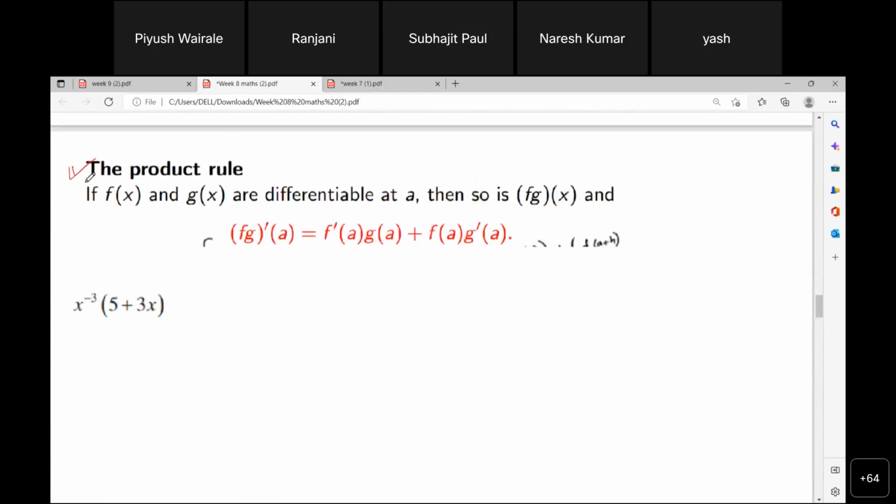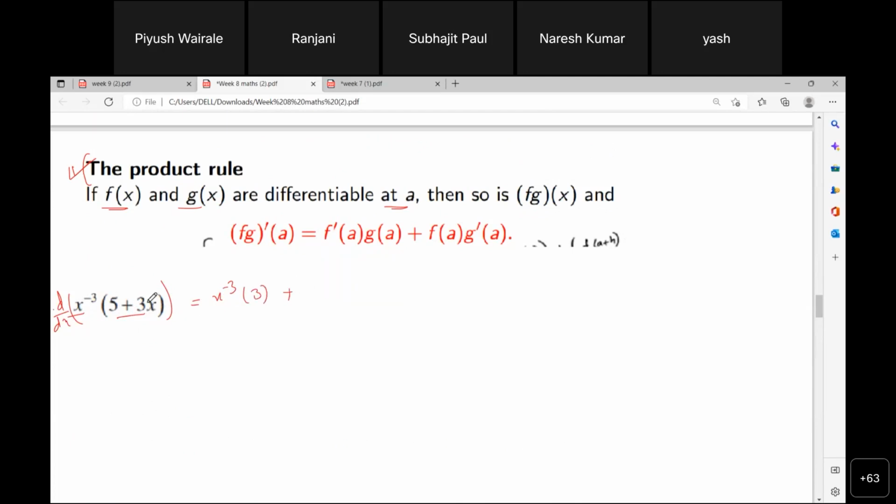So now let's check the product rule. We have two functions f of x and g of x which are differentiable at a. Then how to differentiate the product fg of x? Just keep the first term as it is, that is x to the power minus 3, and differentiate the second term, 5 plus 3x, which gives 3 only, right?